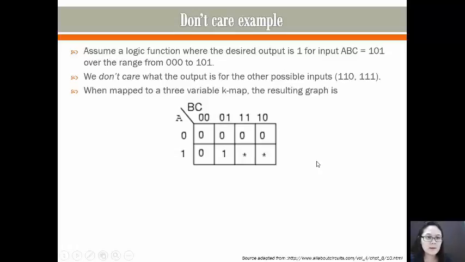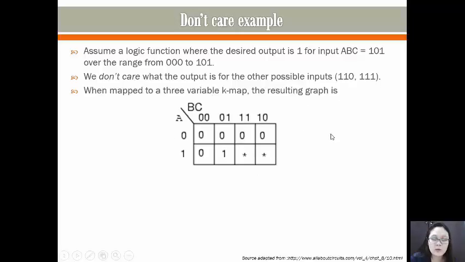So we assume a logic function where the desired output is 1 for input ABC equal 101 over the range from 000 to 101. We don't care what the output is for the other possible inputs. When mapped to a 3 variable K-map, the resulting graph is like this.